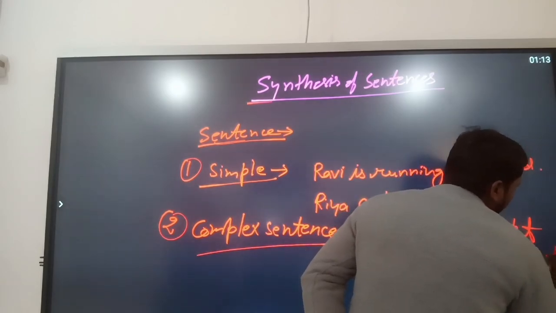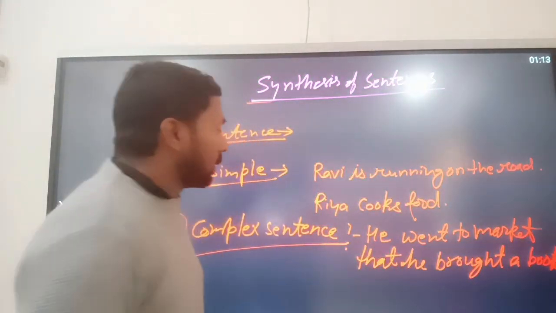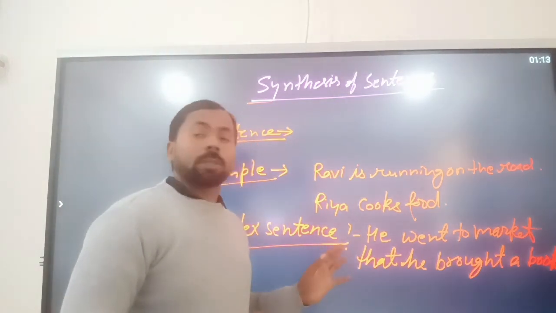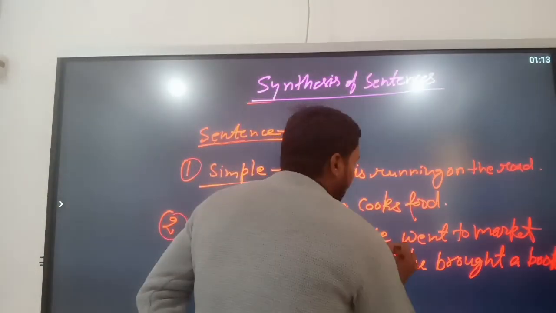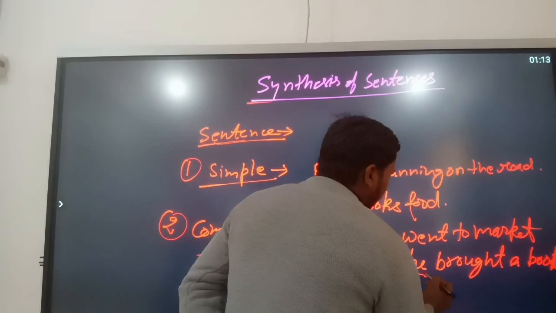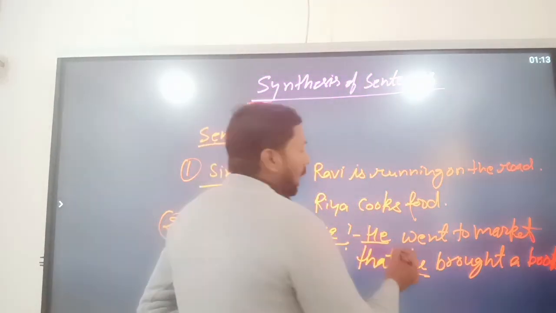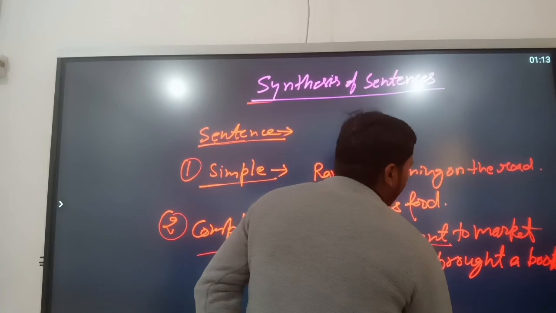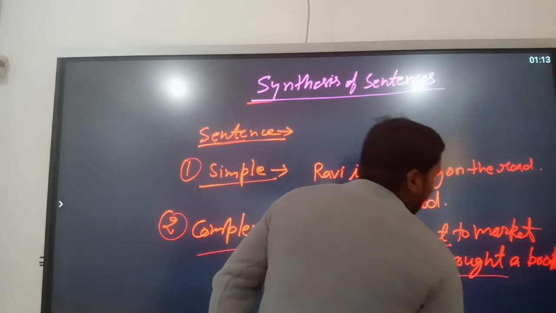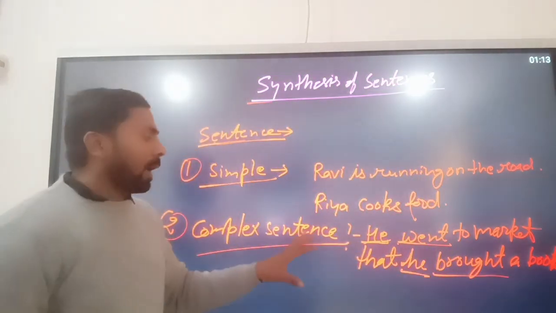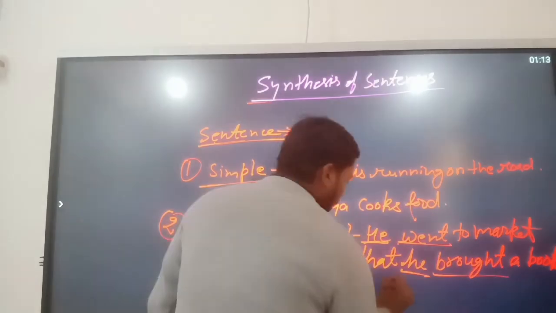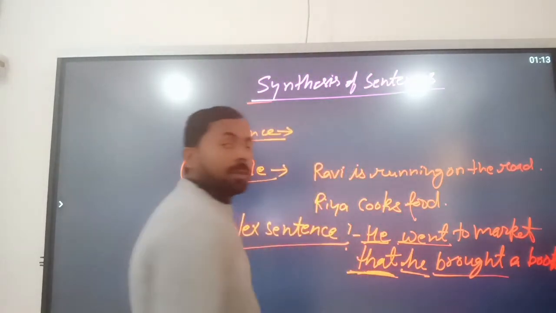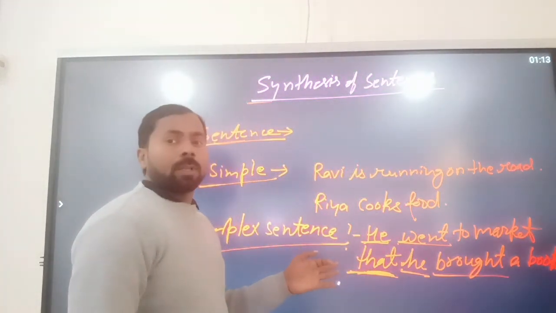It is a sentence, but in this sentence you can see there are two subjects. One is here, he, and second is here, he. Both clauses express their own finite verb. First one is went and second verb is brought. But both clauses are added by a conjunction word. The conjunction word is that.